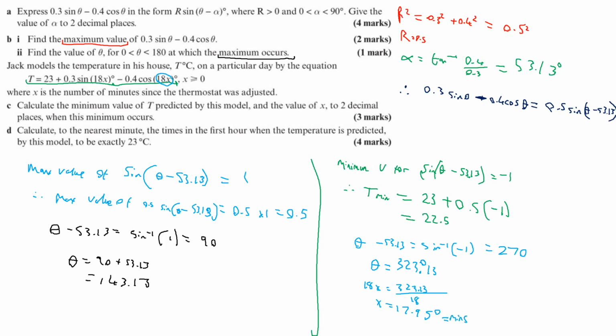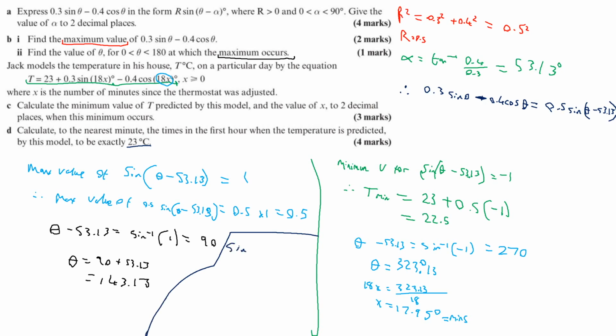Now, last question is stating that calculate to the nearest minute the times in the first hour where the temperature is predicted to be exactly 23 degrees. Well, at exactly 23 degrees, I'll write it down here.